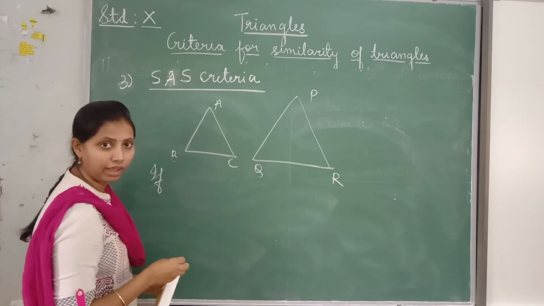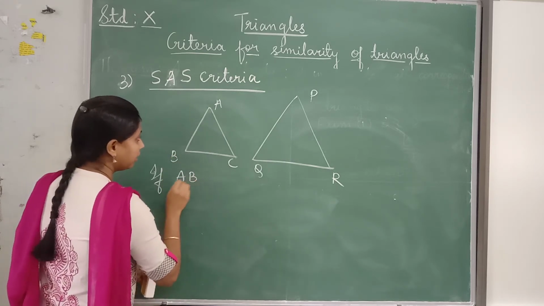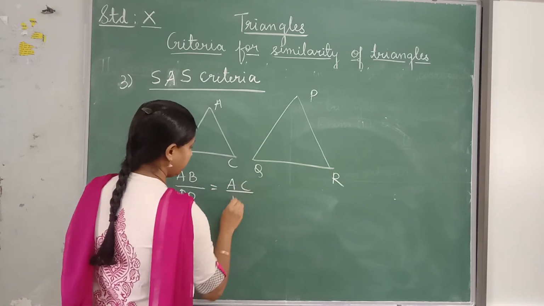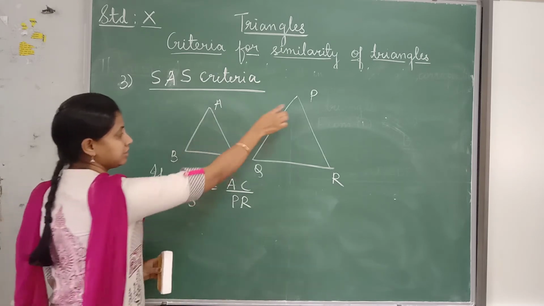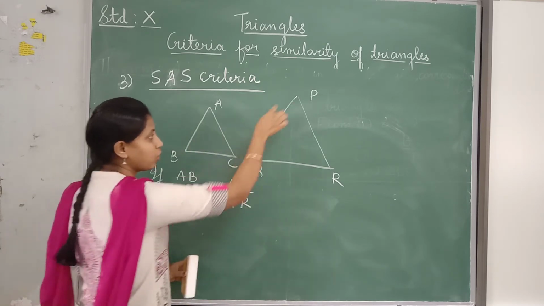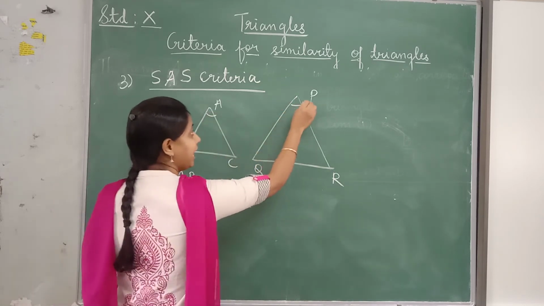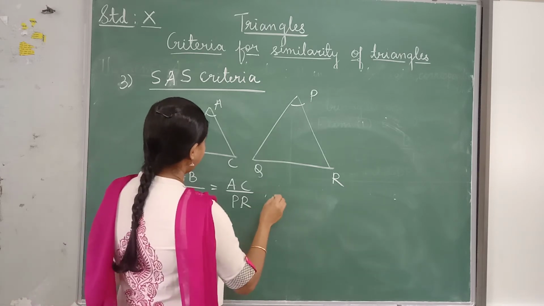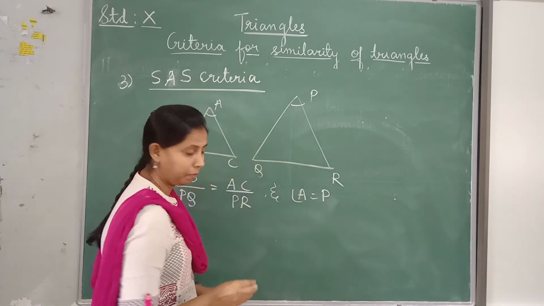In these two triangles, if AB by PQ is equal to AC by PR, then which will be its included angle, children? Their corresponding angle will be angle A and angle P, only that corresponding angle, not any other angle. And angle A is equal to angle P.